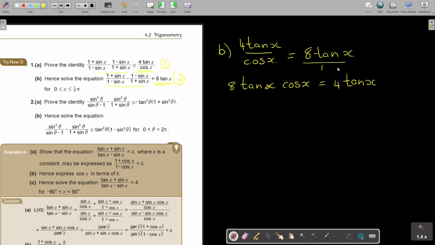I take everything to one side, so 8 tan x cos x minus 4 tan x is equal to 0.